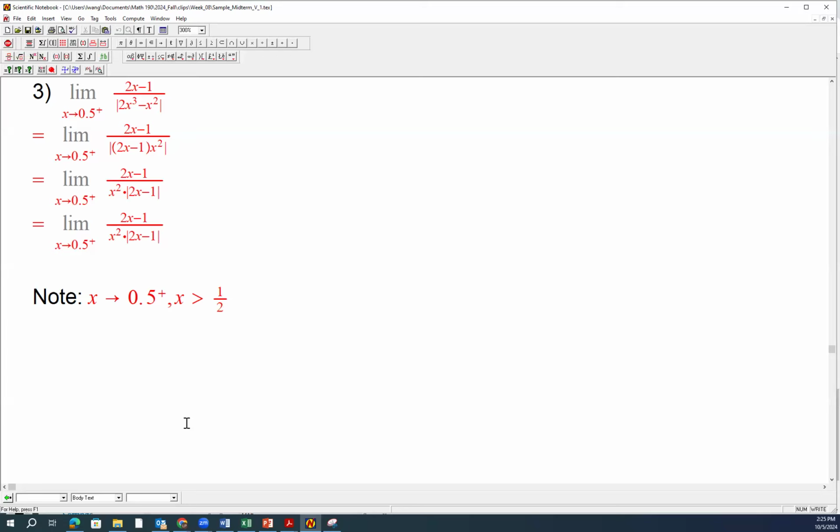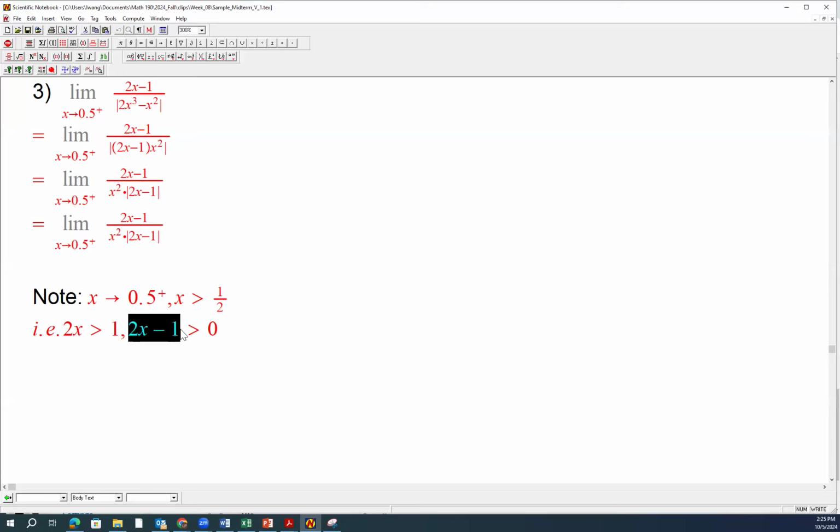If x is larger than half, from this inequality, if you multiply both sides by 2, that is 2x is larger than 1. If 2x is larger than 1, 2x minus 1 is larger than 0, right?